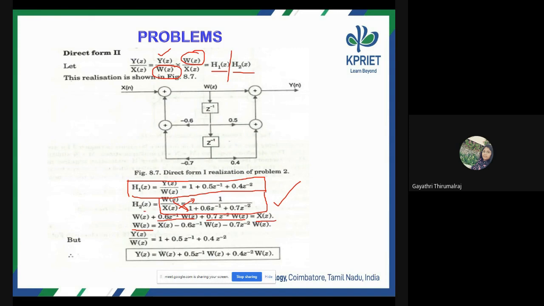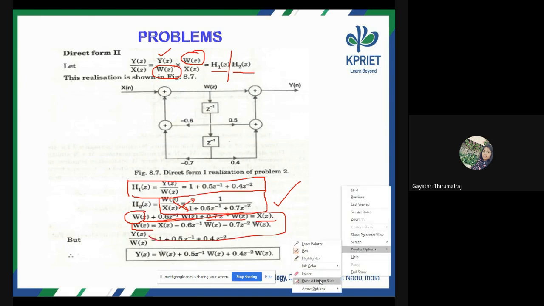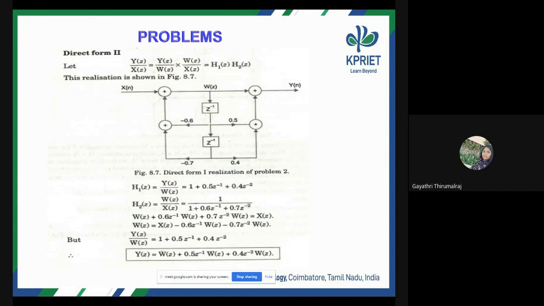Now you have this w of z term here. Bring all the other terms to the other side of the equation and you can find w of z from this equation. So for direct form 2, you introduce a new variable w of z, and you find h1 of z and h2 of z. With h2 of z, you find w of z.